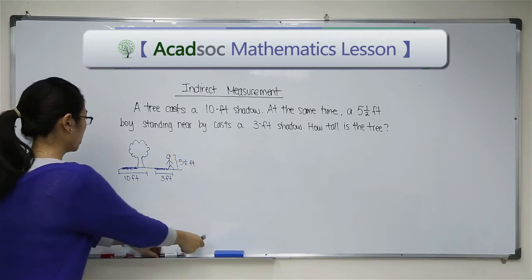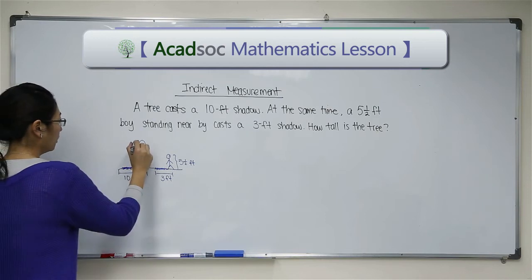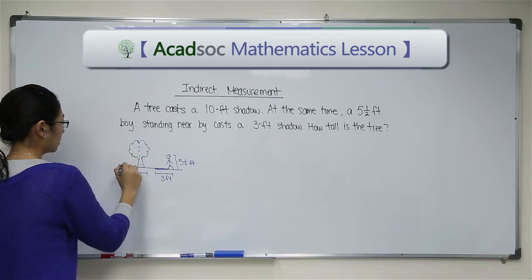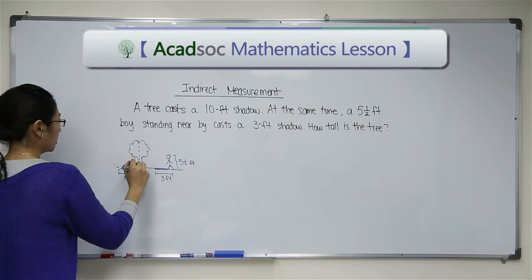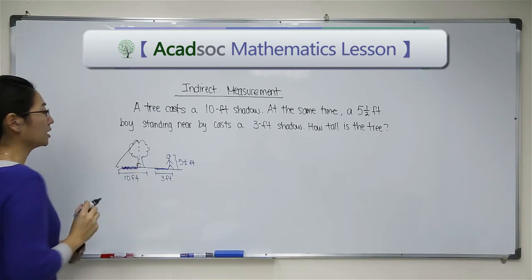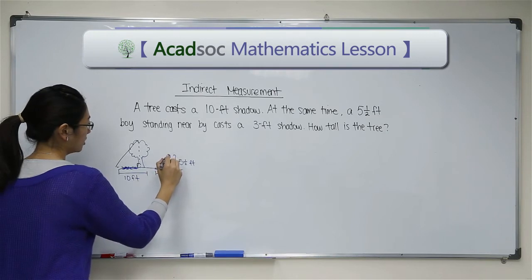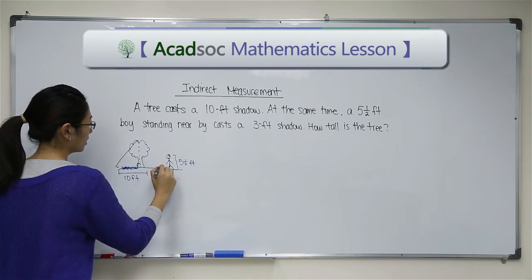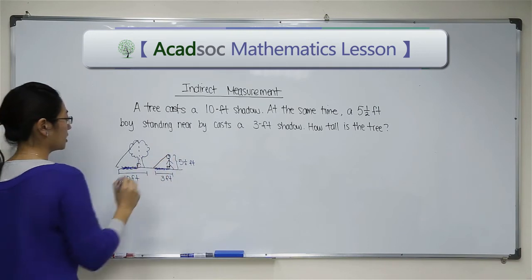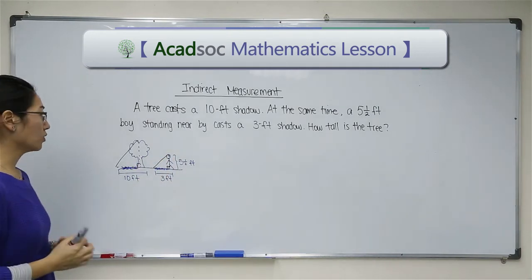So here, if you can see, the tree and the ground form a 90-degree angle, so it has a right triangle. Same thing, this person is standing vertically to the ground. It makes a 90-degree angle, which makes a right triangle.